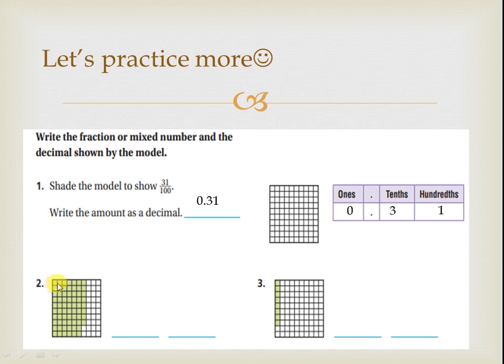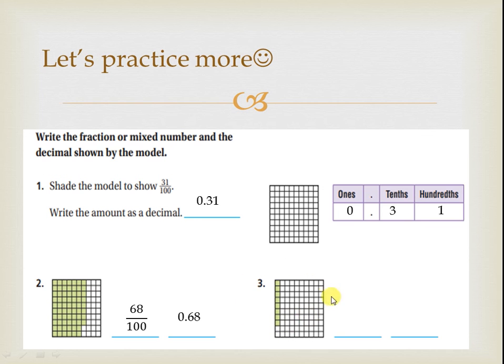So this is 10, 20, 30, 40, 50, 60, and let's count the rest apart: 61, 62, 63, 64, 65, 66, 67, 68. So it is 68 colored parts out of 100, and this means 68 hundredths. So it's 0.68.